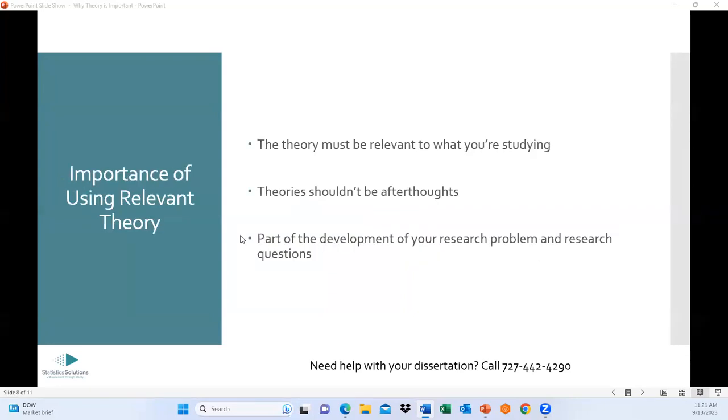Okay. The importance of using relevant theory. The theory has to be relevant to what you're studying, right? And I see this a lot, that people aren't sure what theory to use, so they cast around, and sometimes they put like four or five theories in there, or they choose a theory that's not really relevant because they've heard of it.